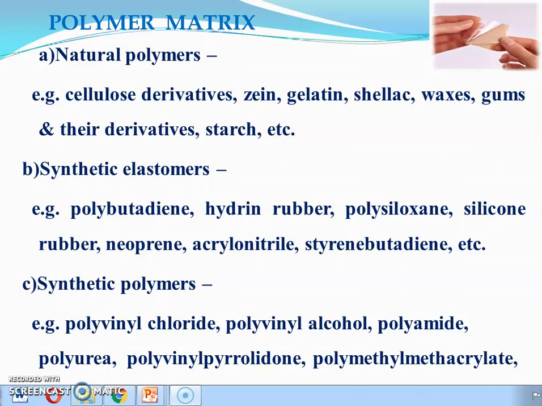The polymer should be compatible with the other ingredients. It does not interact with the drug. It should be a stable one in the particular formulation.